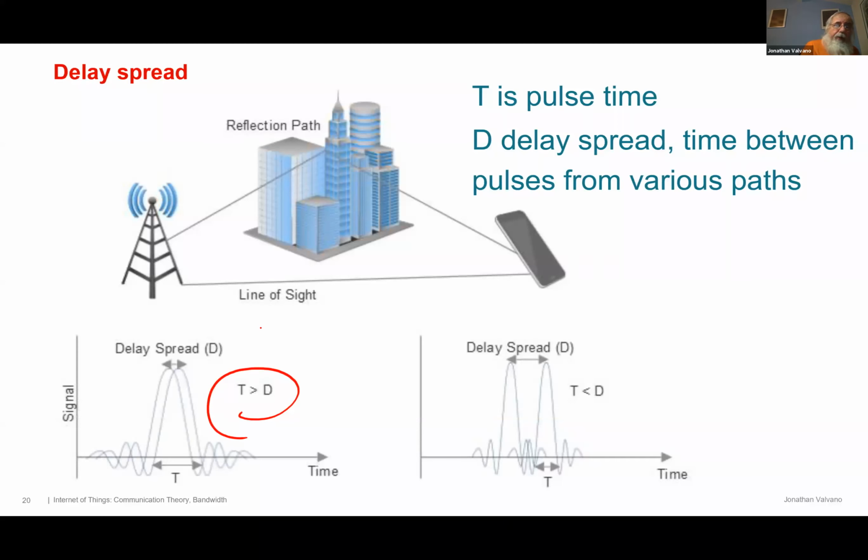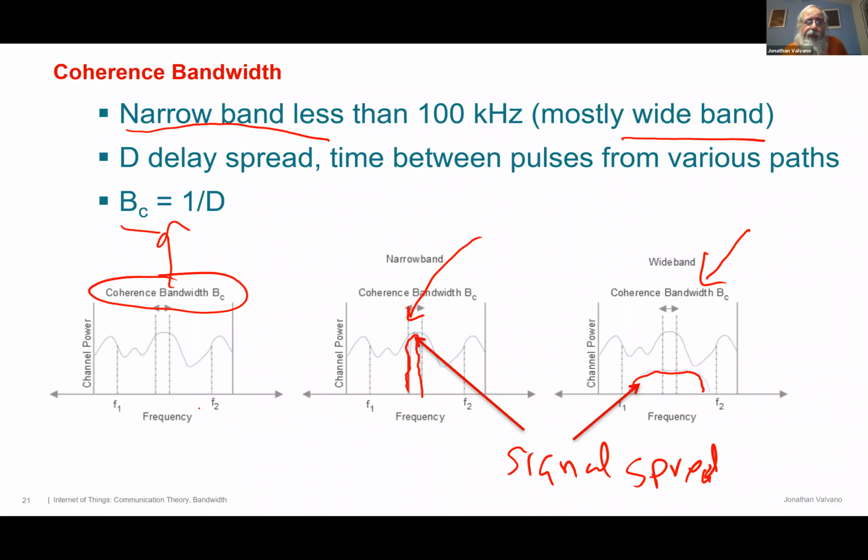Whereas this is easier to process because you basically don't have to process it. The two delays show up pretty much at the same time, and you just look at the total signal. Whereas with these, you have to do something to get rid of the reflected paths or add them in some way.